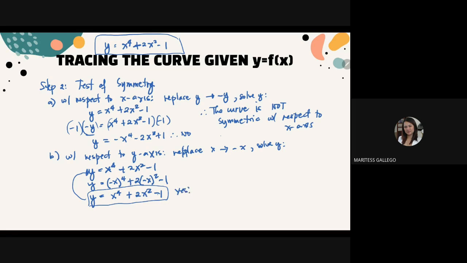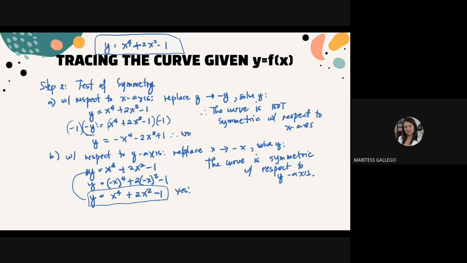So ibig sabihin that the curve is symmetric with respect to y-axis. So, pag nag-graph kayo, dapat makita nyo na symmetric na talaga siya with respect to y-axis.